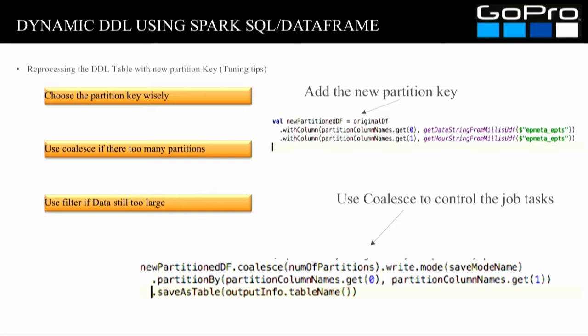But you couldn't make it too large either, because if your coalesce number is too large, it will probably have the too many open files problem. So you have to really understand your data. Then you repartition. If your data is really large, you can use a filter to filter your data. Okay, this is all I have today, and David already introduced the high-level architecture.